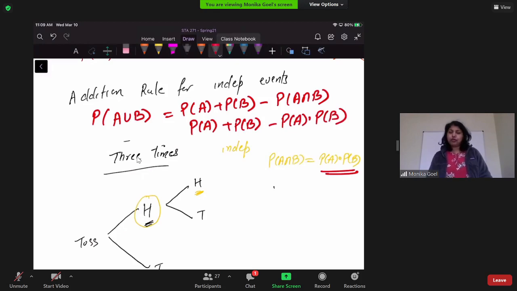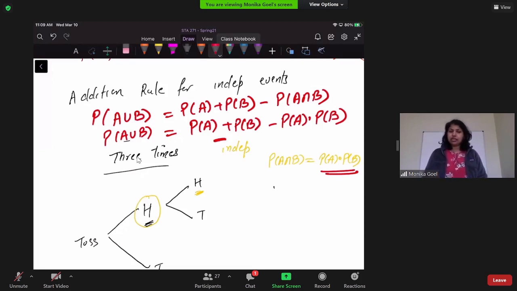If you know the probability of A and B, then you can definitely find this. In the homework assignment, there are questions saying there are 2 independent events, and the probability of A is this, the probability of B is this. If the question is asking what is the probability of A or B, you can use this.